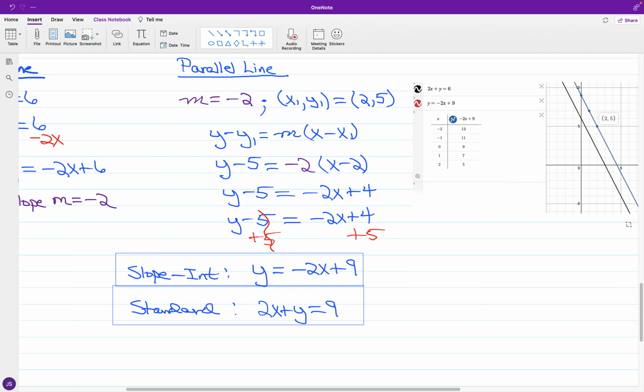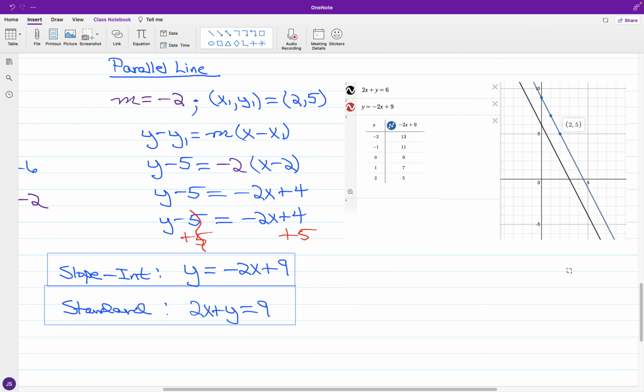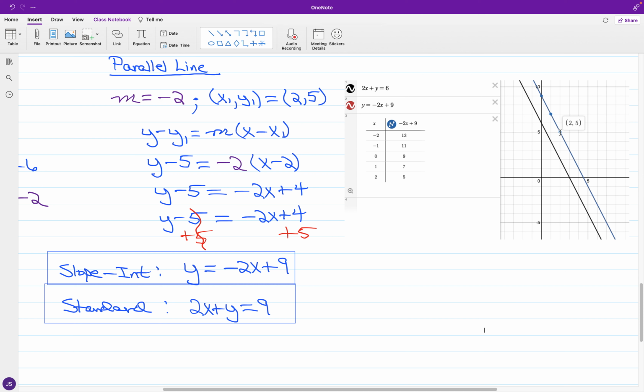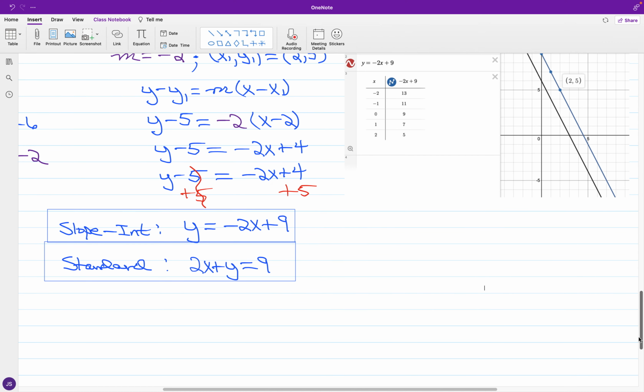And again, we have the lines to be running parallel to each other. Okay. And again, (2, 5) is among the ordered pairs through which we have the parallel line to be running through.